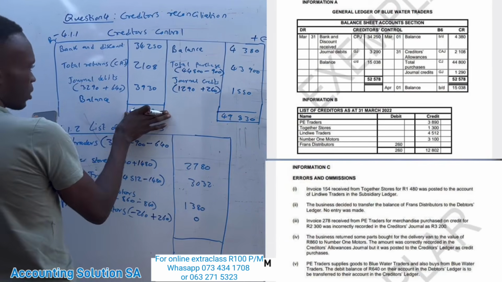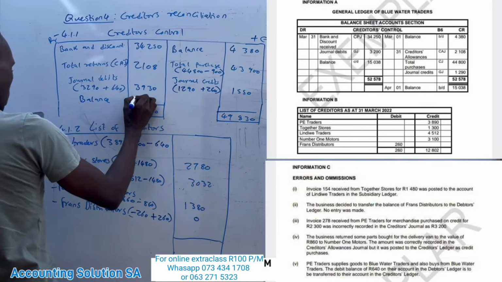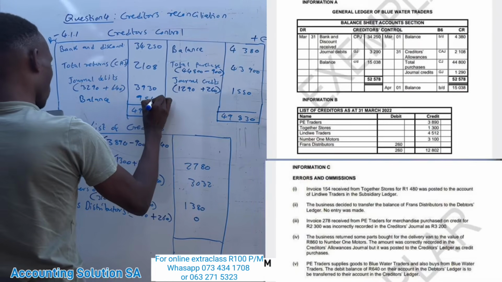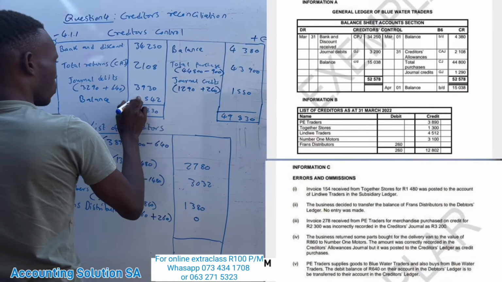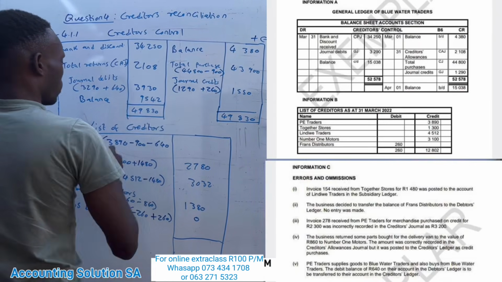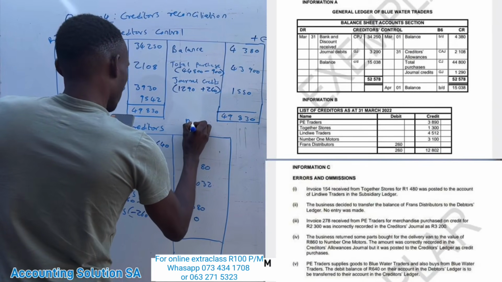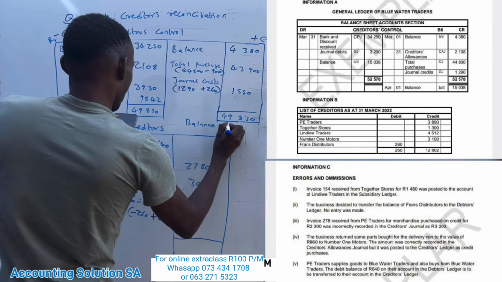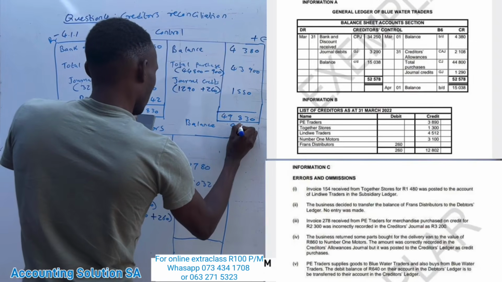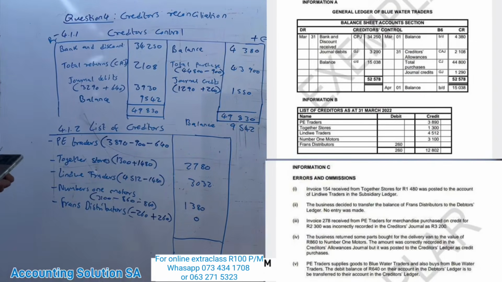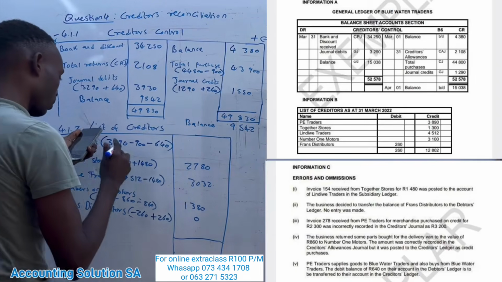Then if you take this one and subtract all of them, it's going to give you the balance of 9,542. Then you carry down this side, brought down balance, brought down by 9,542. Then here we have to calculate a total.